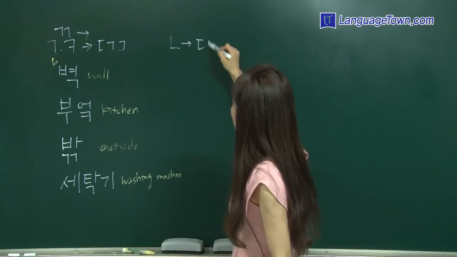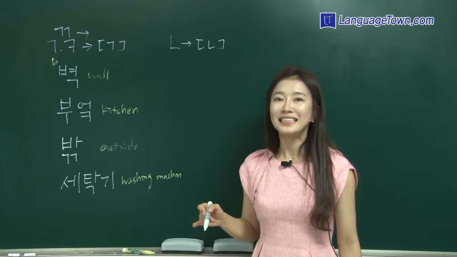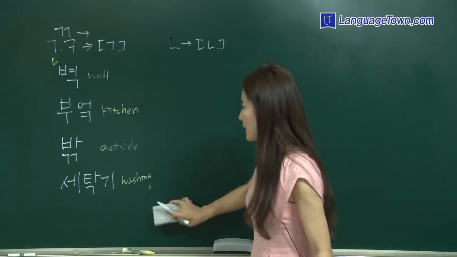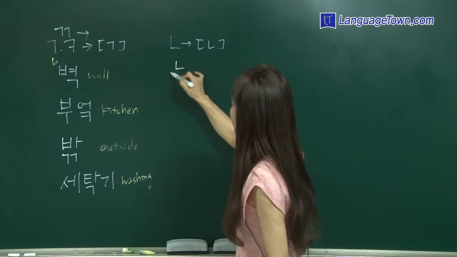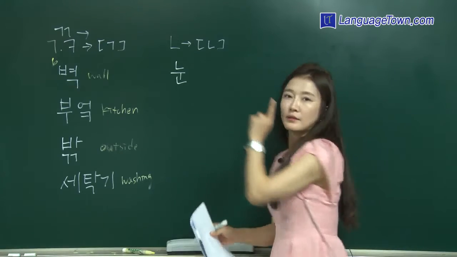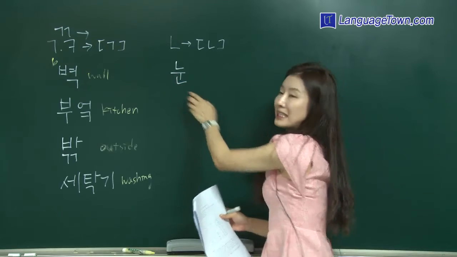The 느 sound 받침 is 은, right? 은. Let me give you examples of the 은 sound. First, try to read this. How do you read this? Yeah, 누 and 은.